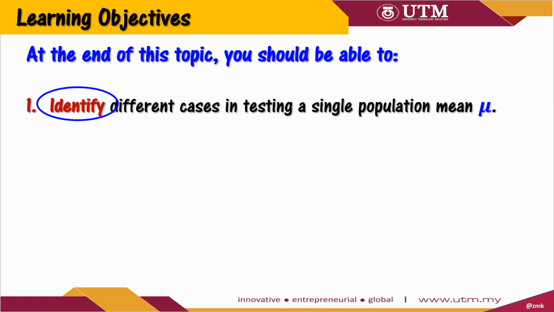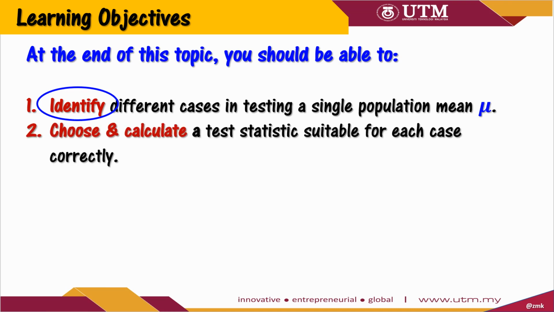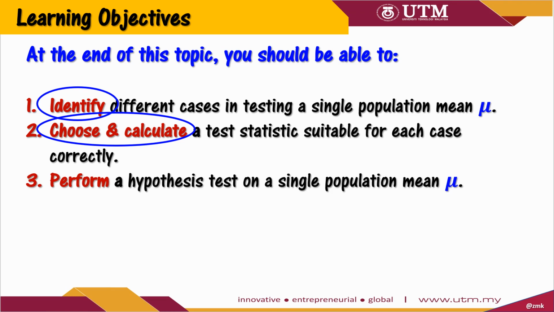Having identified the correct case, now you should be able to achieve the second learning objective, which is to choose and calculate a test statistic correctly for each of the three cases. Next, the third learning objective is, by the end of this topic, you should be able to perform a statistical hypothesis test on a single population mean mu using the correct procedure step by step.